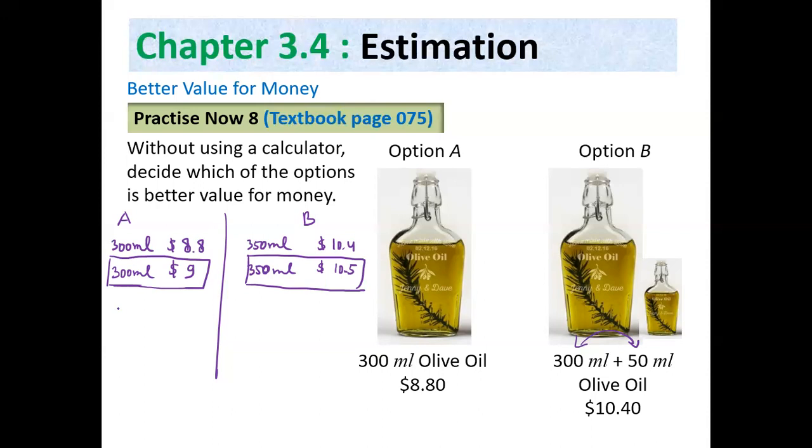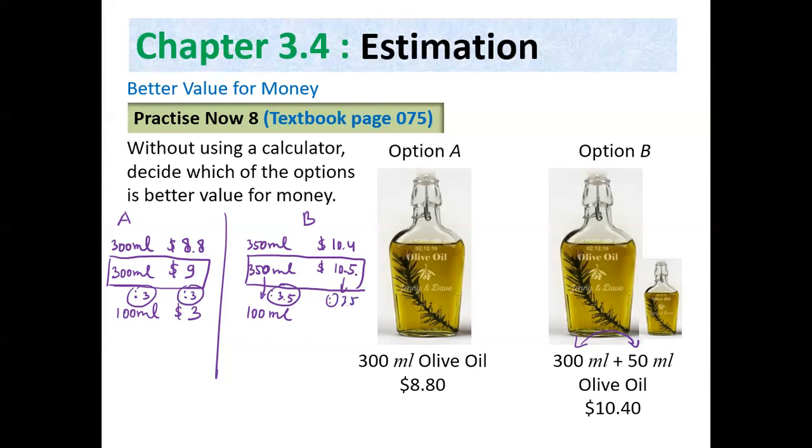I can divide 300 by 3 and it becomes 100 milliliter, just as I said before. $3, right? Because I divide this by 3, I divide this by 3 also. How about 100 milliliter for this one? You divide by 3.5, right?